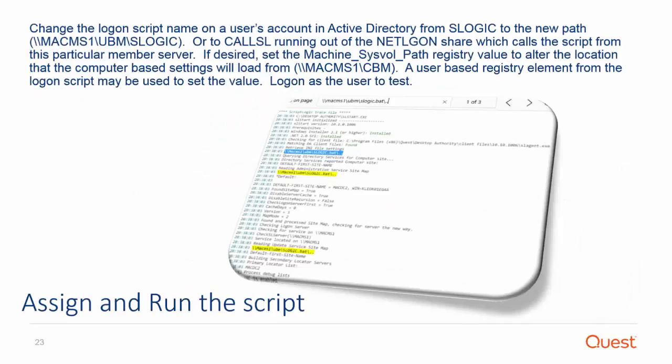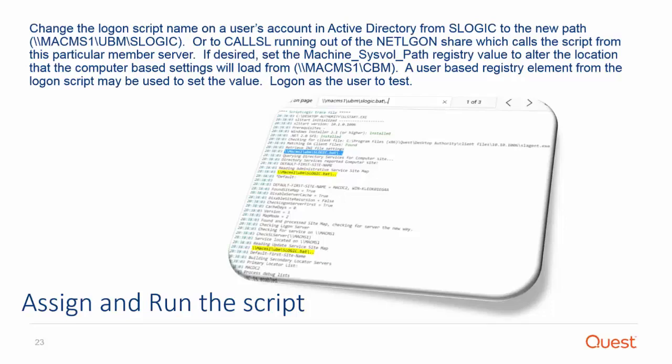Okay, so once we've done that install, we've got an isolated install sitting there ready to be used. It's not going to be used unless we change the logon script name on the user's account in Active Directory from our production SLogic, which is running out of the netlogon share, it's running that other version, to the new path, whatever it is.